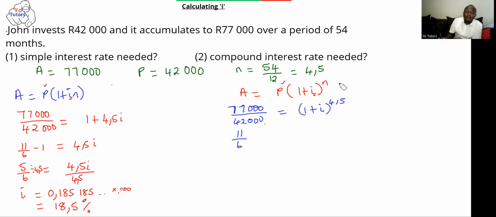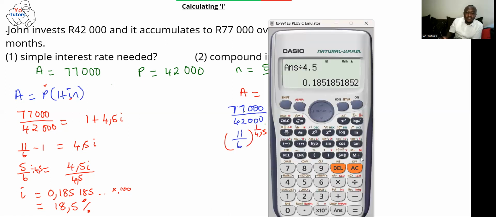But now, how do we remove the 4,5? We raise both sides to the exponent of 1 over 4,5. So we have 11 over 6 in brackets to the power of 1 over 4,5.